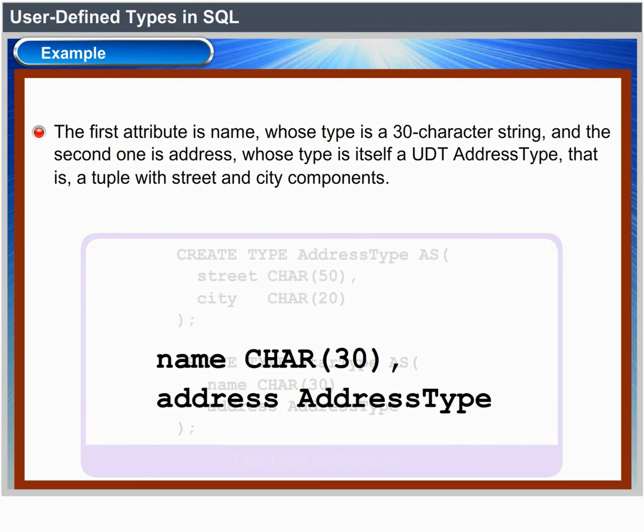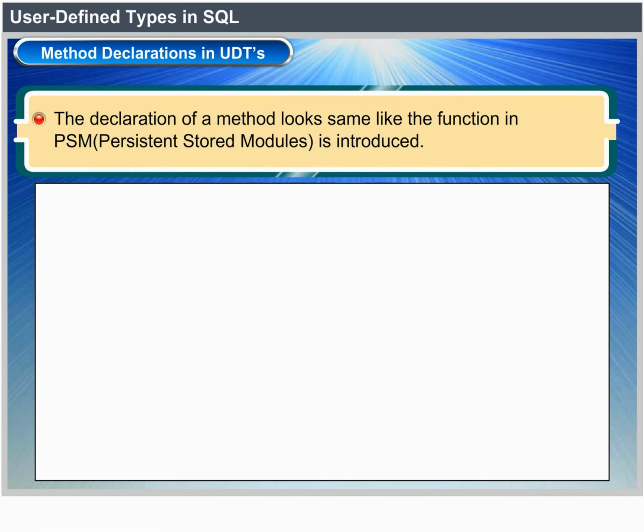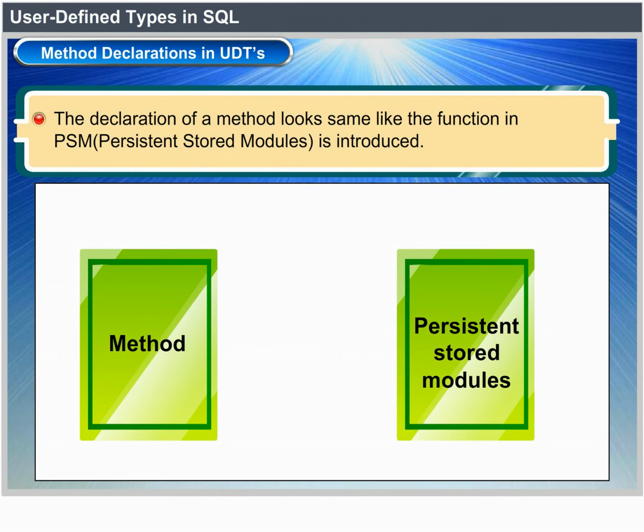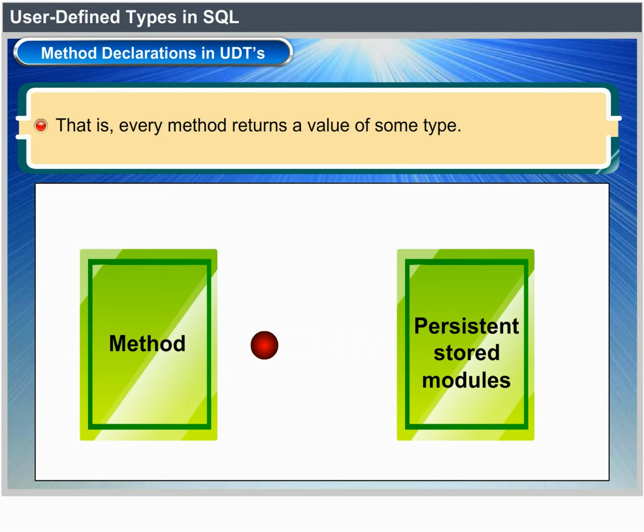Method declarations in UDTs. The declaration of a method resembles the way a function in PSM is introduced. There is no analog of PSM procedures as methods. That is, every method returns a value of some type, while function declarations and definitions in PSM are combined.